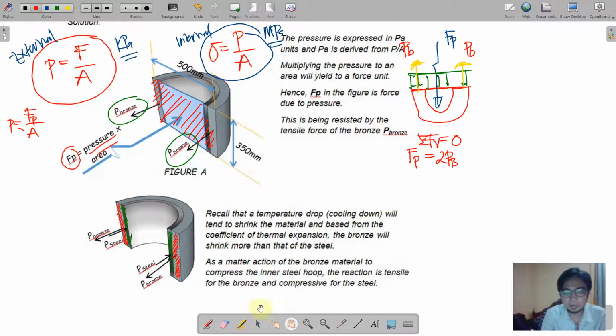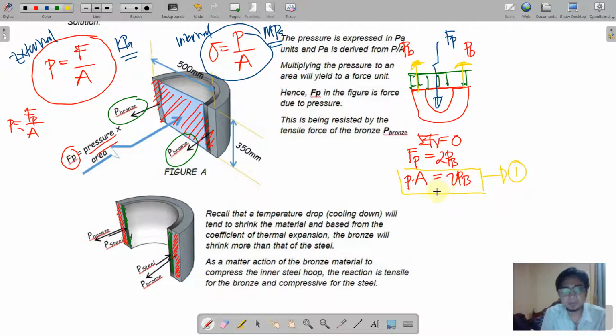And remember that force due to pressure from the formula here is just equal to pressure times area. Okay, pressure times area, and then just copy that, and basically this will now be our working equation to solve for the unknown pressure here. So let this be our first equation.